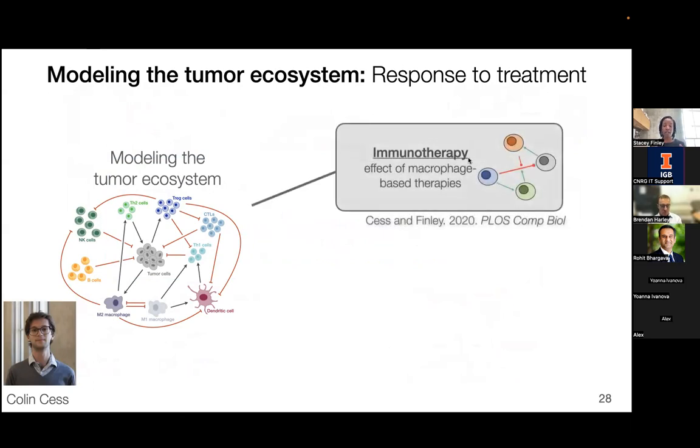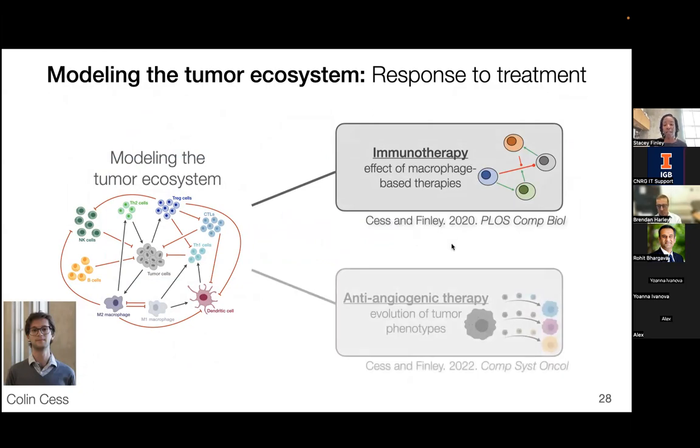First, starting with a paper a few years ago, looking at the effect of macrophage-based therapies. And then the work that I'll talk to you about today is the evolution of tumor phenotype. So actually in this example, we're taking out the immune cells and now just looking at how tumor cells interact with one another and how their cell state evolves over time and evolves in response to the tumor microenvironment.